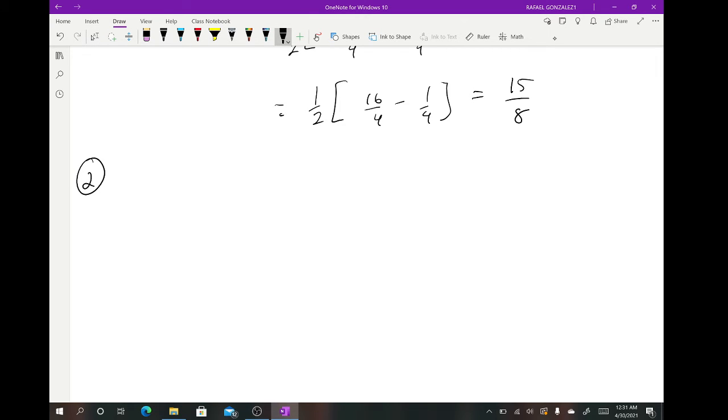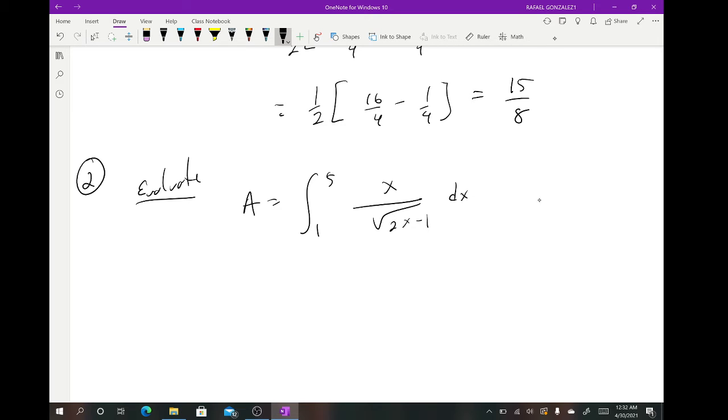All right, so let's say we wanted to evaluate the following integral, and it's given by A is equal to the integral from 1 to 5 of x over the square root of 2x minus 1 dx.